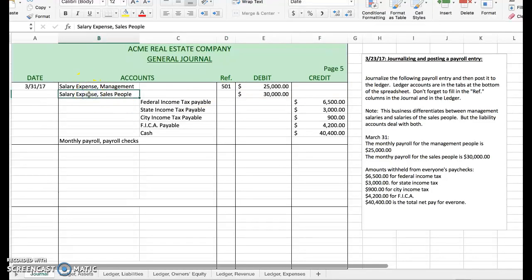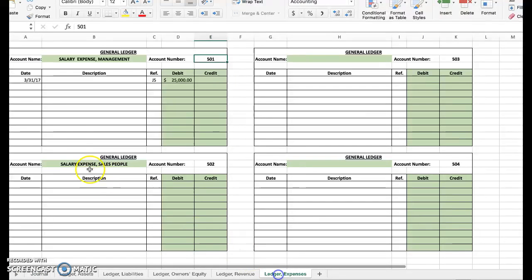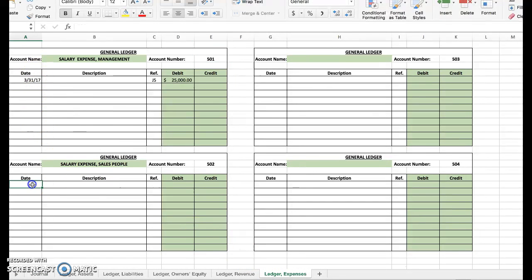Okay, salary expense for salespeople, 30,000. And again, we'll find that account. J5 again. The debit, 30,000.